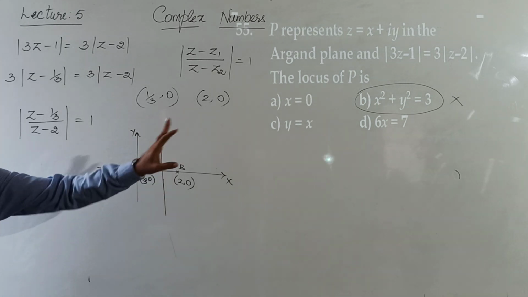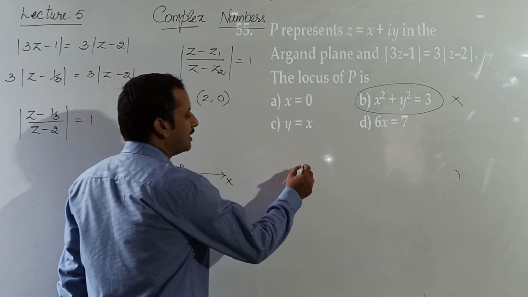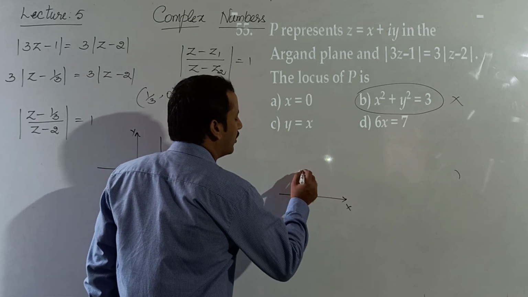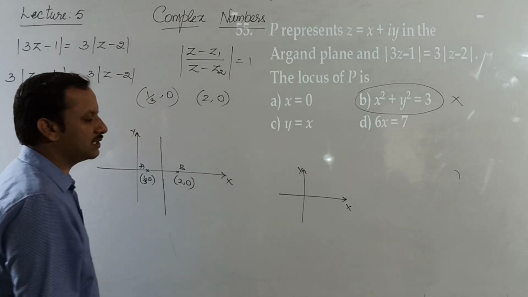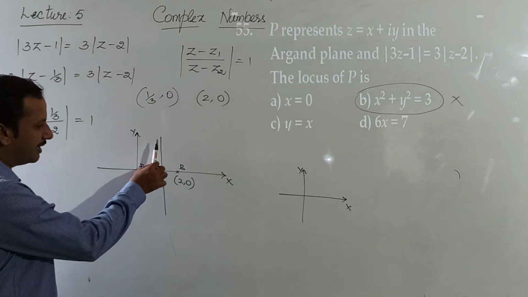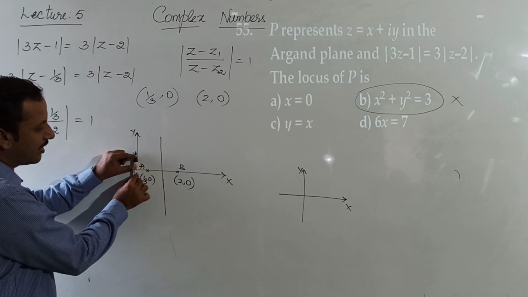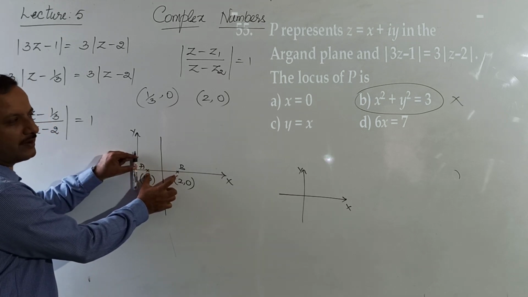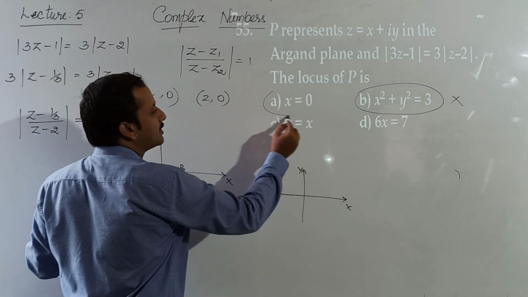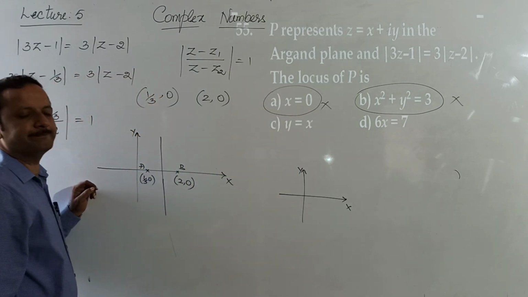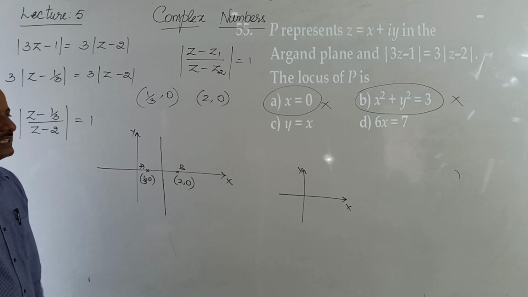So we can verify the other three options. X equal to 0. X equal to 0 is nothing but y-axis, right? So y-axis. Perpendicular bisector is here, but y-axis is here. Y-axis cannot be the perpendicular bisector of AB. Therefore, this option is eliminated. Okay. Then what is y is equal to x?